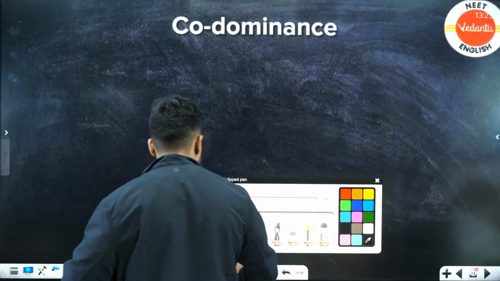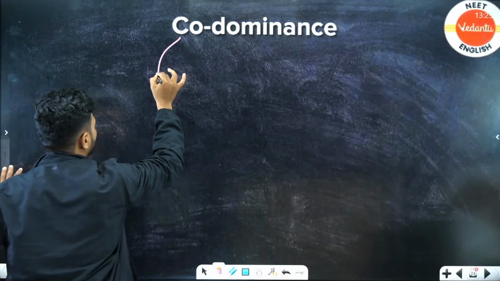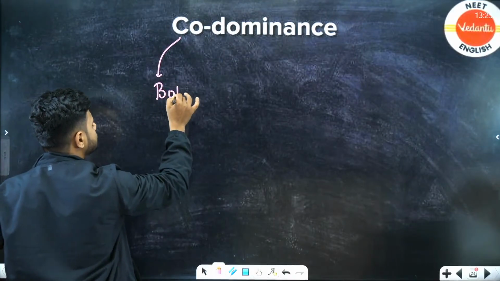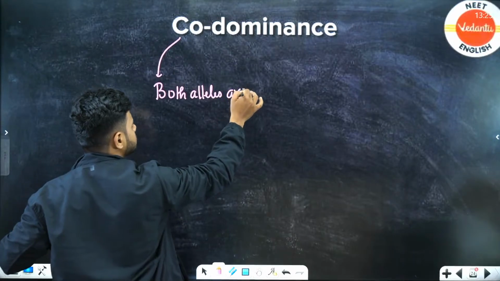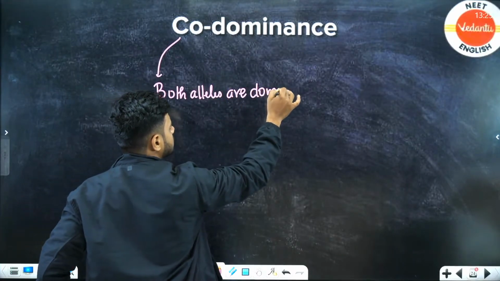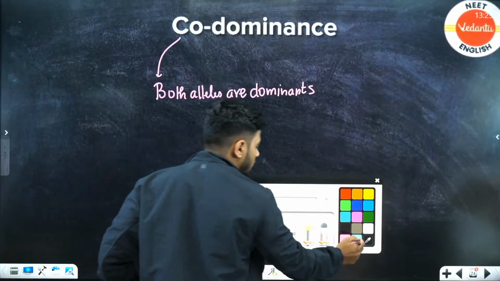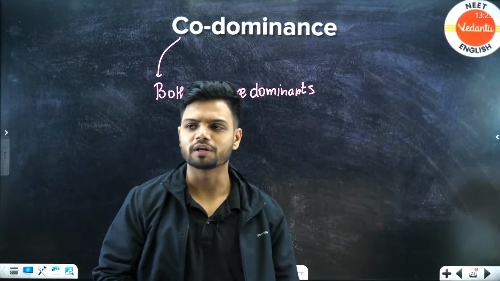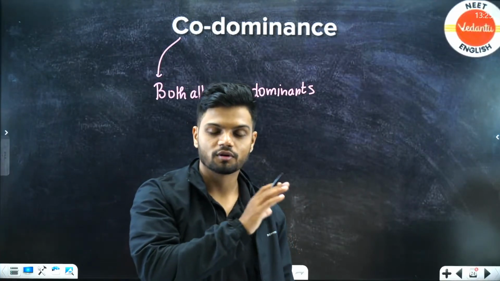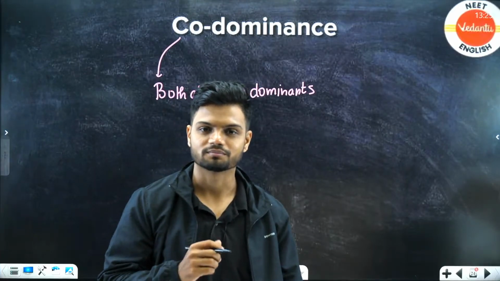Now, codominance. In codominance, what exactly happens? In the case of codominance, both the alleles are dominant here. Now, what about the offspring? Will the offspring look like the dominant allele or the recessive allele, or father or mother, basically?